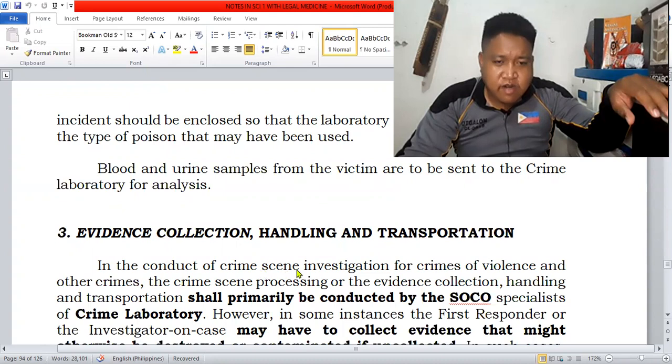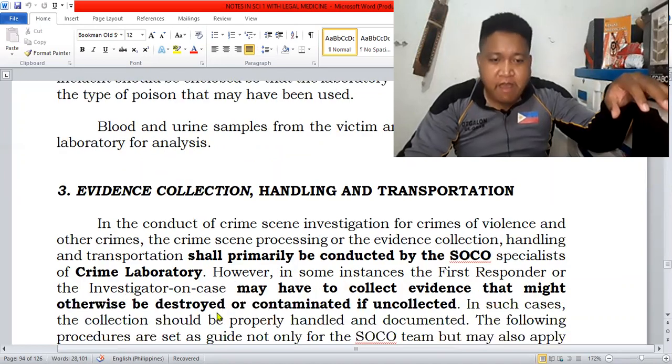In the conduct of crime scene investigation for crimes of violence and other crimes, the crime scene processing, or the evidence collection, handling, and transportation, shall primarily be conducted by the SOCO, Specialist of Crime Laboratory.